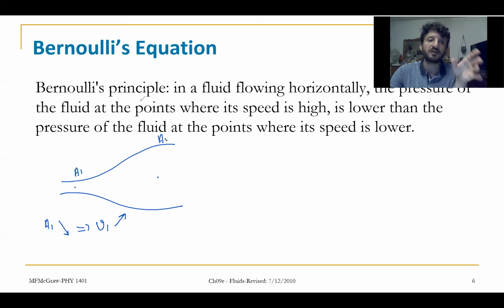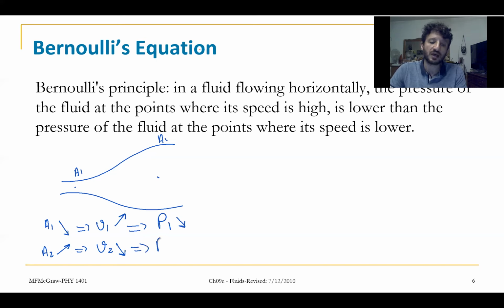Bernoulli principle says that if we have a high value of V1, in this case we have a small value of P1. Okay, and at point 2, A2 is large, so V2 is small.